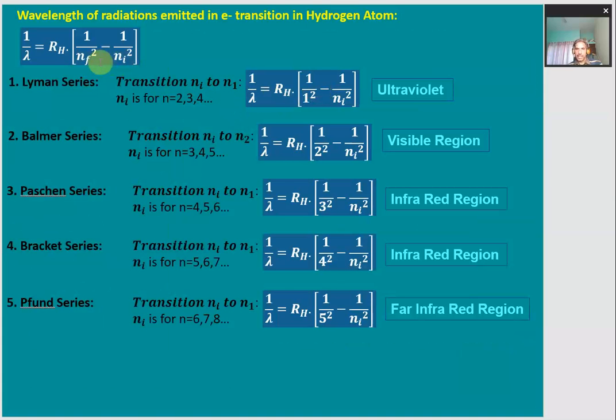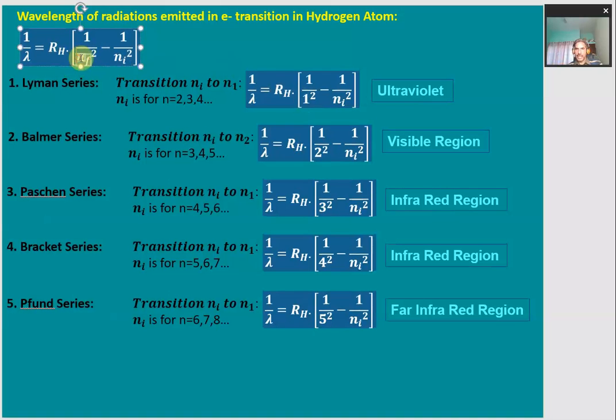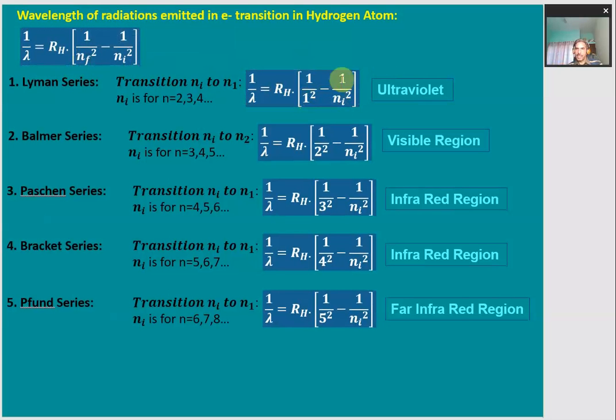Here the final energy level is 1, for which n is equal to 1, because transitions are taking place to the energy level for which n is equal to 1. So the final energy level is NF equal to 1. That's why in place of NF we are writing 1 here. So it is 1 square here minus 1 upon Ni square.